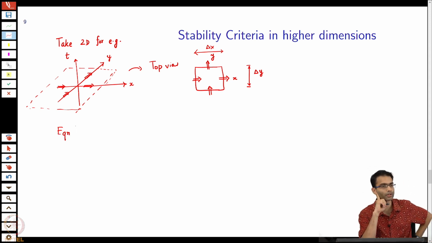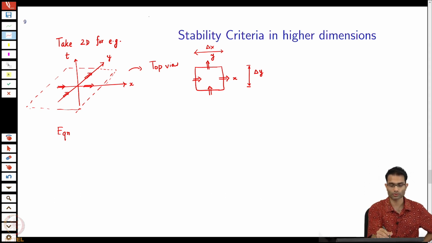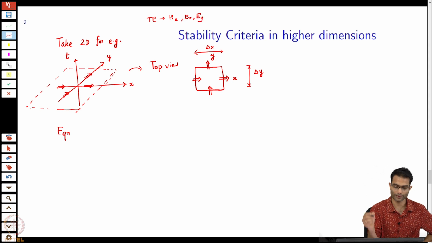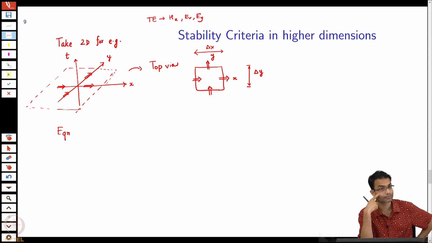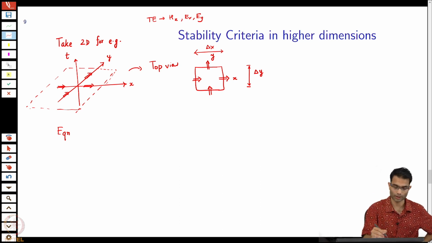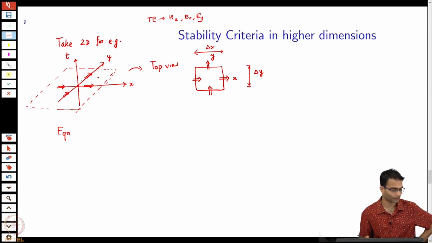We can use the equation dH by dt is related to curl of E. Okay. So we are looking at again which polarization? We are looking at TE polarization. So TE polarization will have H Z, EX, EY. So these arrows refer to values of what? These unknowns correspond to what? EX and EY. And where is my HZ? It will be at the middle over here. Okay, or I can also choose it over here, does not matter.